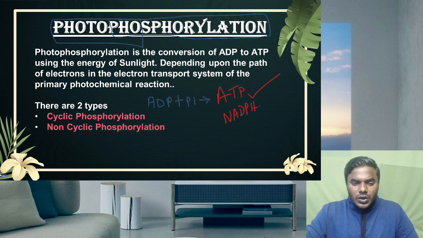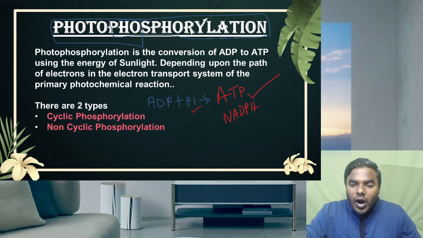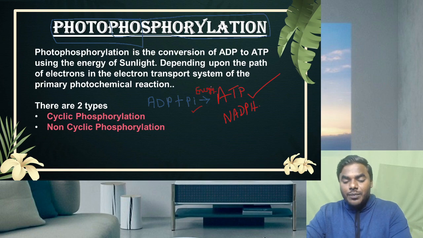But friends, do you think joining of ADP with Pi is that easy a process? Not at all. If I want to join ADP with Pi, what do I require? Of course, my friends, I require energy. From where am I getting that energy?